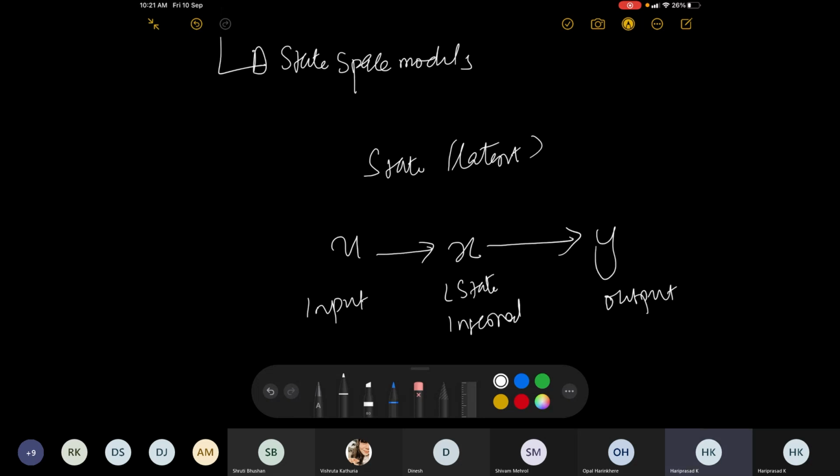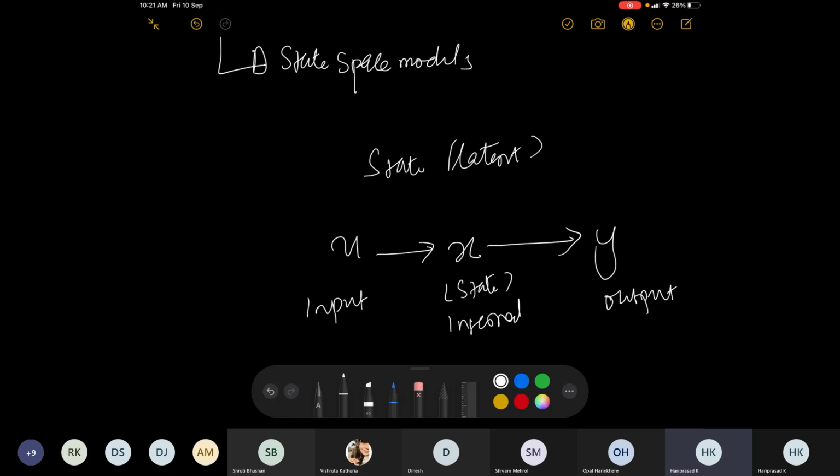And we know the definition of the state from thermodynamics. You say that there are internal states of the system which are not measurable, but have some meaning, for instance, enthalpy and things like that. Enthalpy you cannot basically measure using a device or something like that.